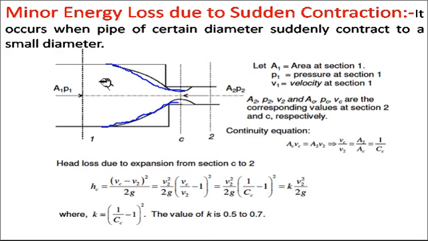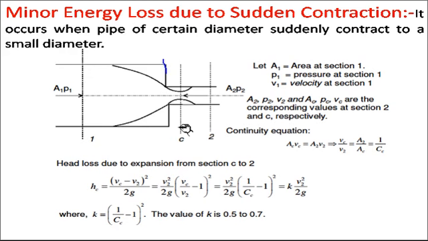Therefore they start converging from some distance from the junction. As they are converging from this point, there will be a continuous change in the pressure. Therefore it is not possible to apply the impulse momentum equation.